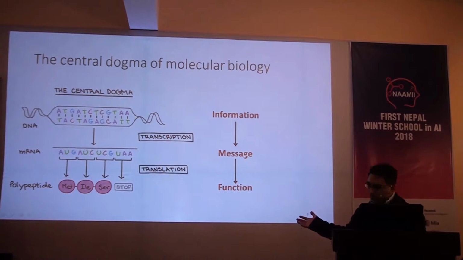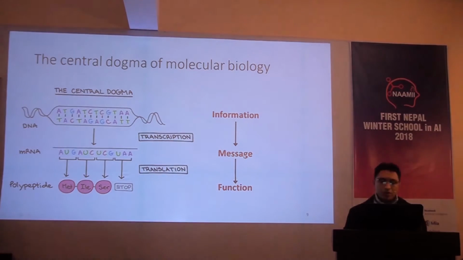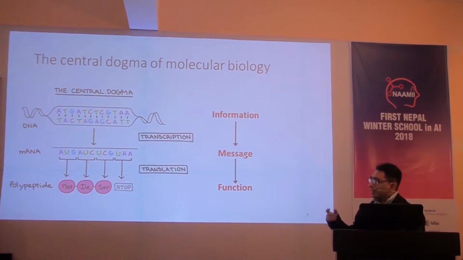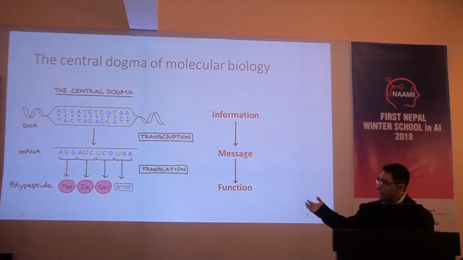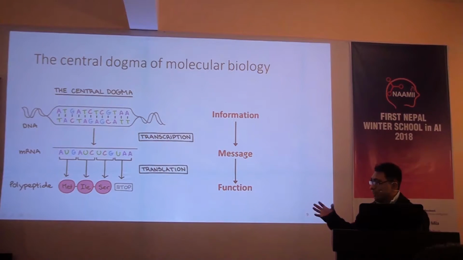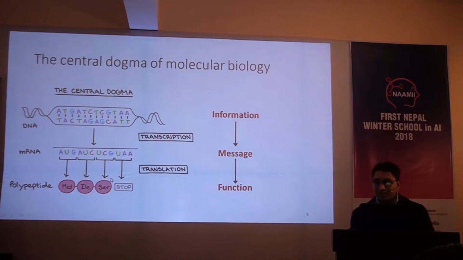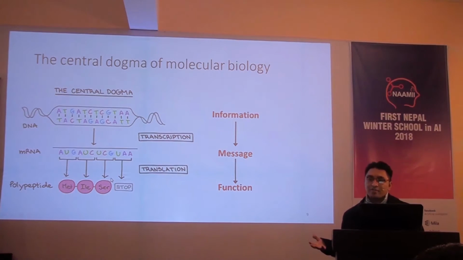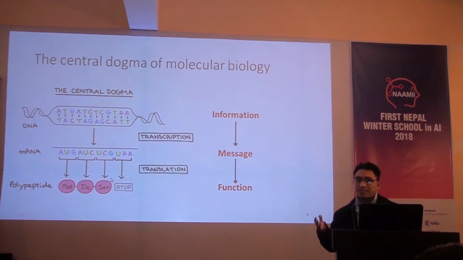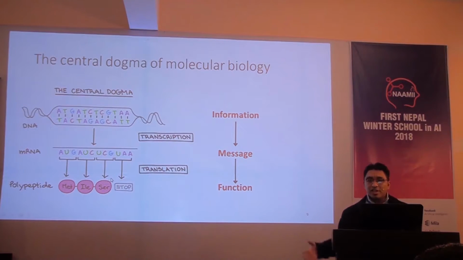From a computer science point of view, we can look at these different combinations of A's, T's, C's, and G's in DNA and RNA, and also different combinations of amino acids. There are 20 different amino acids, and these amino acids have different combinations in different proteins.